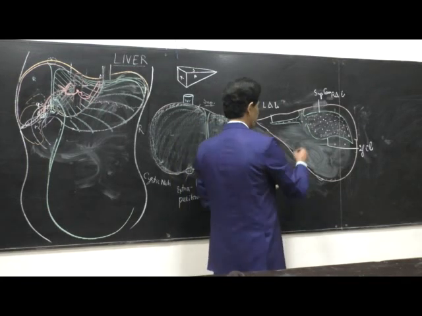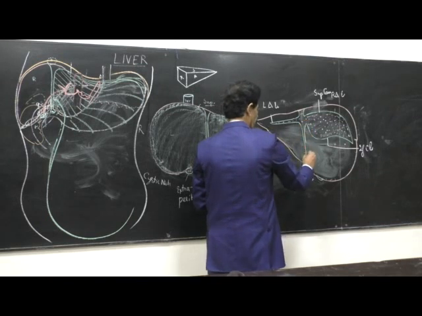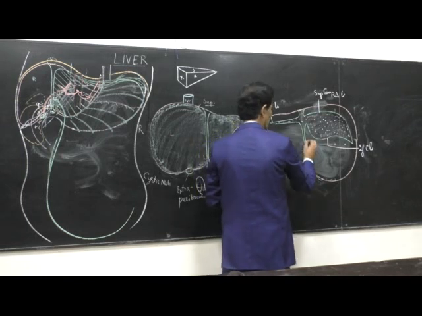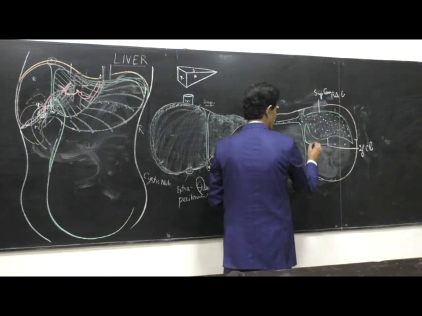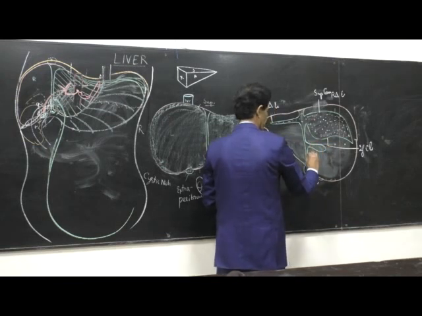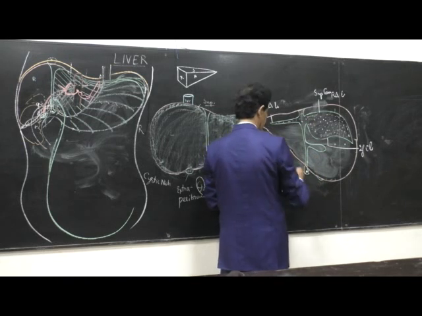The same two folds of the peritoneum form the ligamentum venosum on the posterior surface, and then the same fold goes on as the ligamentum teres, and on the posterior inferior surface it also bears the porta hepatis. So this is the ligamentum teres, the same way as we have done.